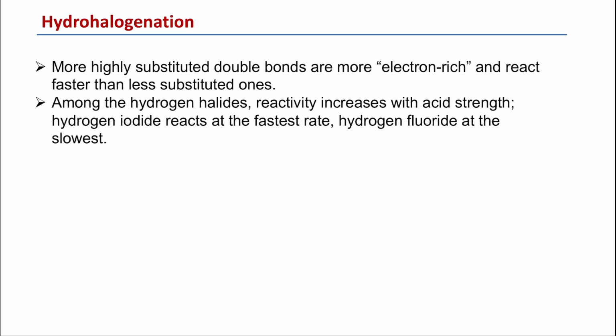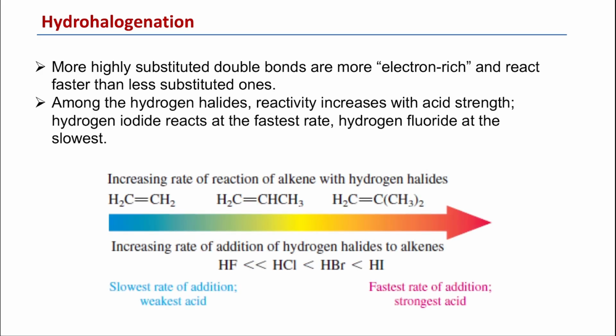Hydrogen iodide is the most acidic of all the hydrogen halides. So the reaction with hydrogen iodide will proceed faster than hydrogen bromide, and then hydrogen fluoride, which is the least acidic, will be the slowest reaction. So you can see that more substituted alkenes will react faster, and hydrogen iodide as well will react faster.